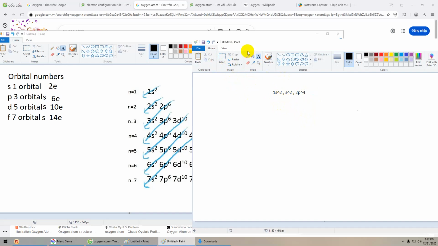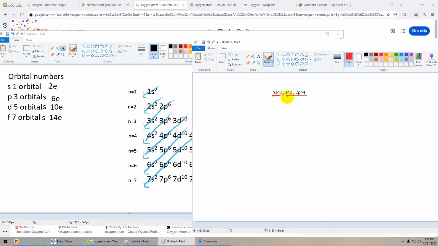So we can see clearly here, let me clarify this. We have n equal to 1 here. We just say 1s2, and this is where we get n equal to 1. And then 2s2 2p6, actually here the entire shell is 2s2 2p6.